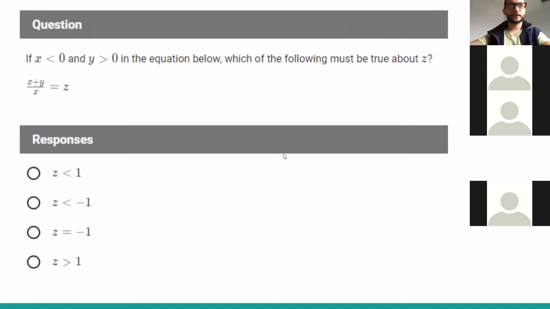Okay, next let's take a look at this one. This one's very similar. It's another must be true. This is a hard question, by the way, so let me have you guys try this one, solve it, and let's take a look at it together as well.